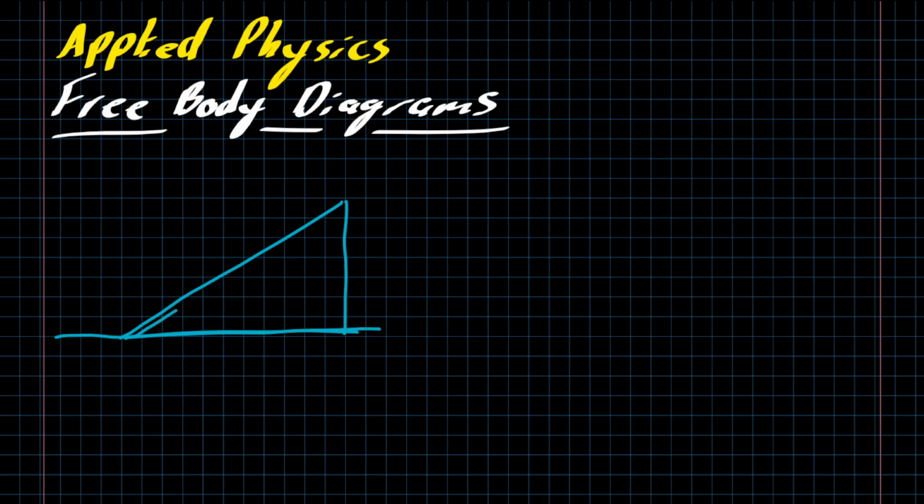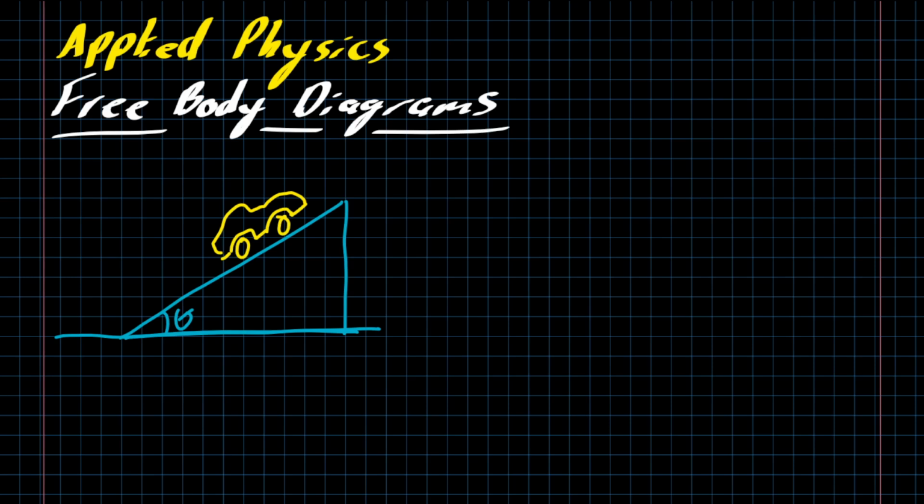We have a plank of wood that is being supported by some leg of some sort, which puts that surface at an angle. Let's call that angle theta. And we have a car that is on this inclined plane.